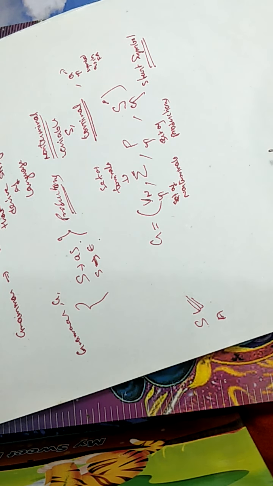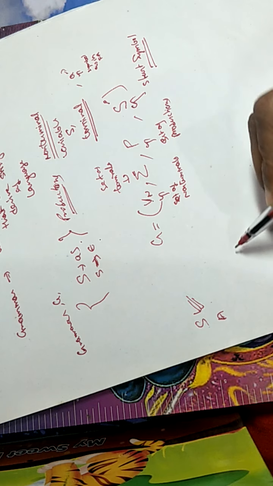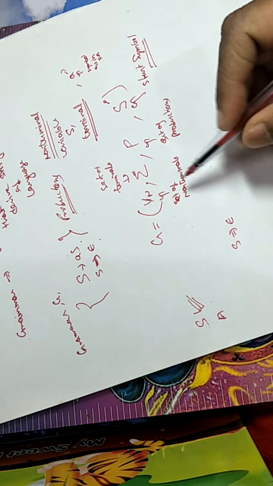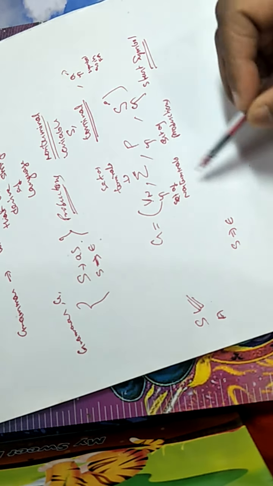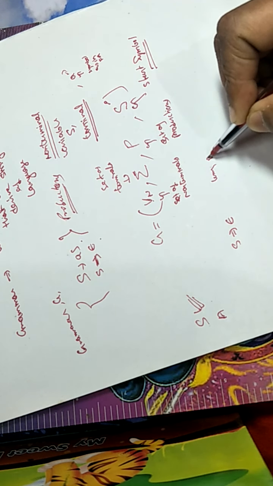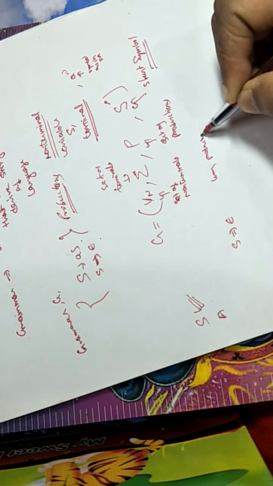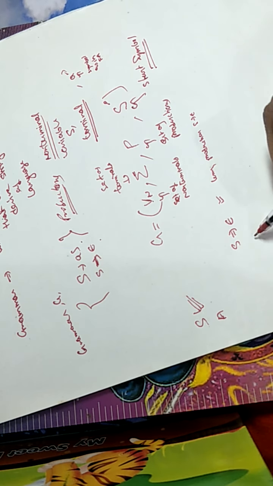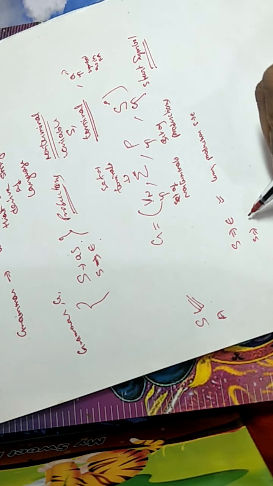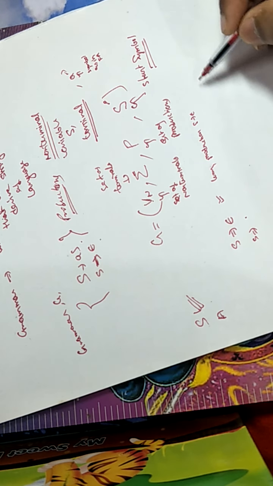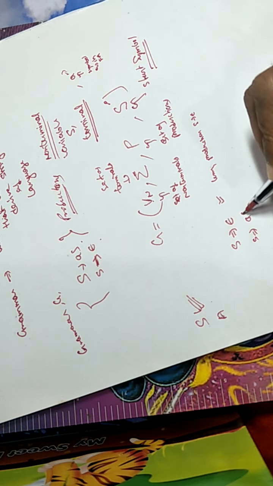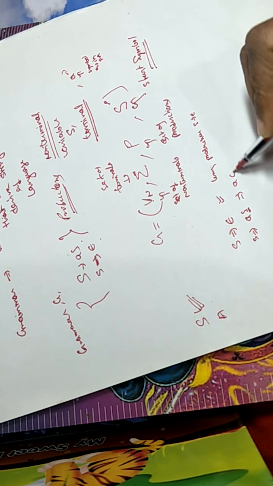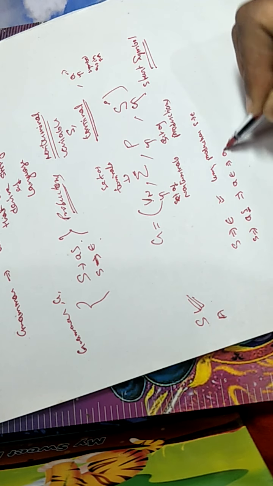So we have derived so many strings in the last lecture. Using production S tends to epsilon, we derived epsilon. We derived a as S tends to aS, and by replacing this S by epsilon we derived a.